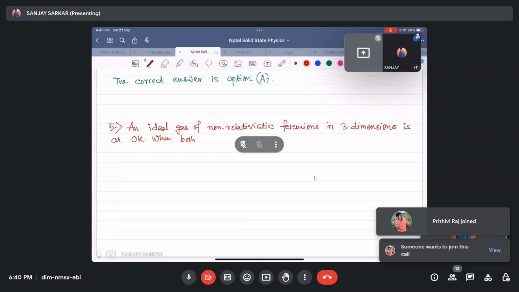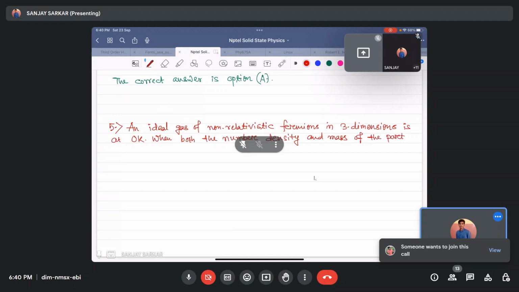When both the number density and mass of the particles are doubled, then the energy per particle is multiplied by a factor.